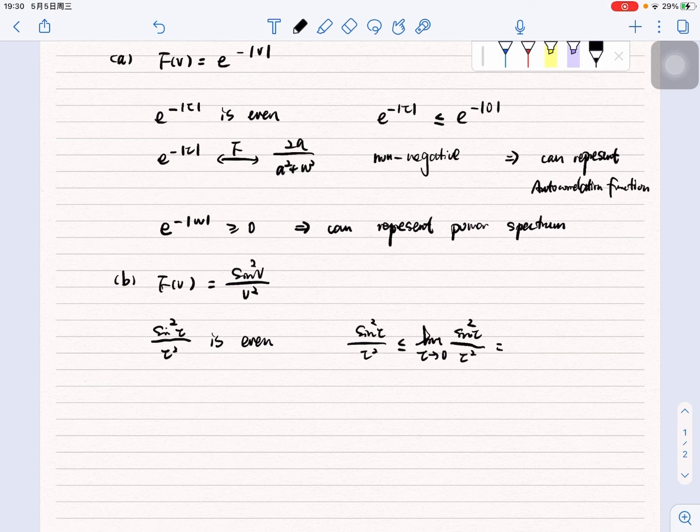This limit value is 1. It equals sine 1 squared over 1 squared.